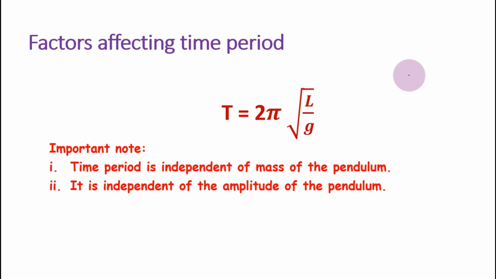Suppose this is the pendulum, and here is the mass, and you release the pendulum from here and measure its time period, and then you repeat the experiment, release it from here, and measure the time period, it will remain the same. Because when you release it from here, the distance is less and it moves slowly, but if you release it from here, the distance is larger but it moves faster. So in both cases the time remains the same. So time period is independent of mass as well as amplitude.